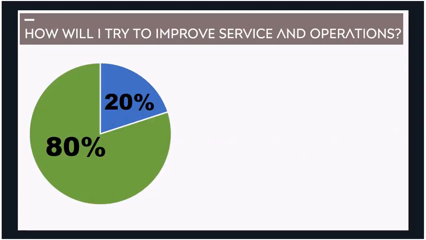Now, service and operations is critical. Let me explain something. 20% of what you do provides 80% of your results. So good service and operations lets you spend more of your time on these 20% tasks because you're not running around fixing errors, putting out fires, trying to find something.